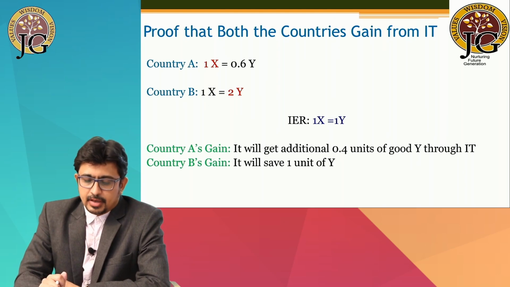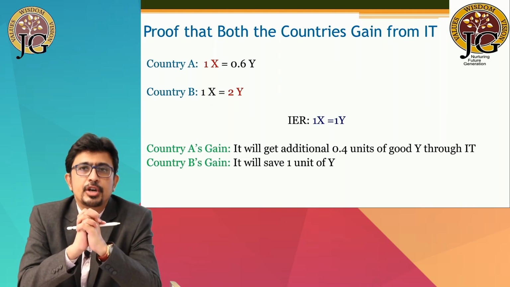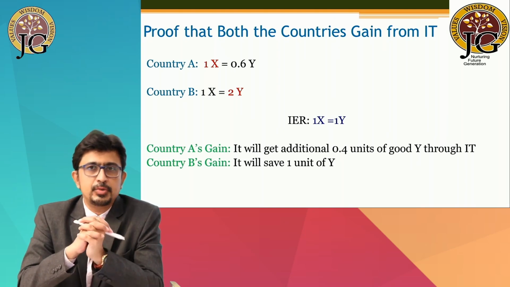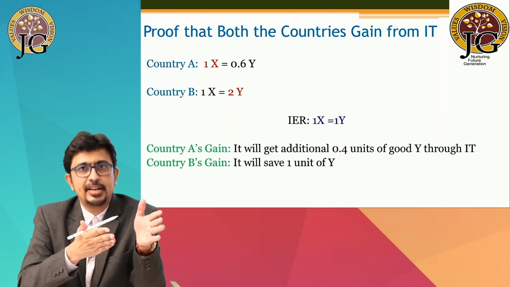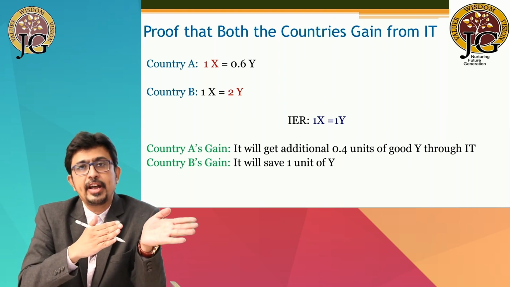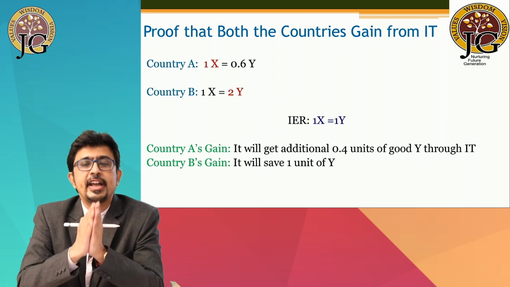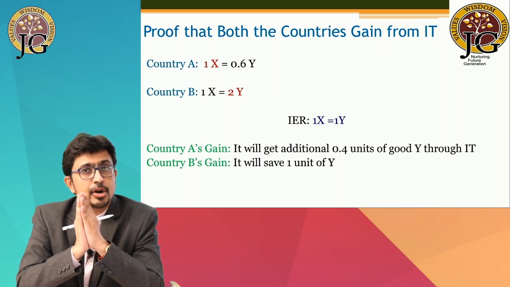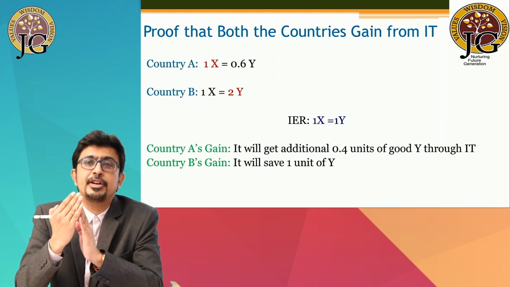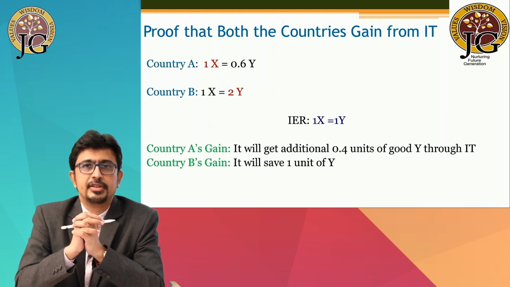Now I repeat, country A has an absolute cost advantage in the production of both the goods, good X as well as good Y. But since country A is having a comparatively greater advantage in the production of good X, it should specialize in the production of good X. It should export X and it should import Y. Although country A is having an advantage in the second product also, that is in commodity Y, that advantage is comparatively lesser, and therefore A should import good Y from the other country.